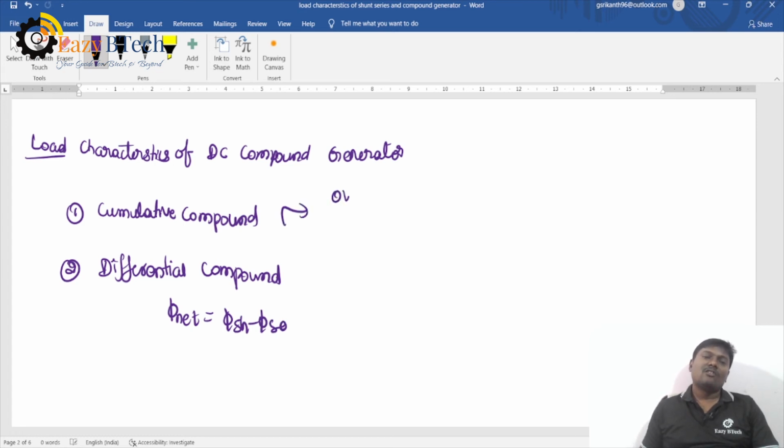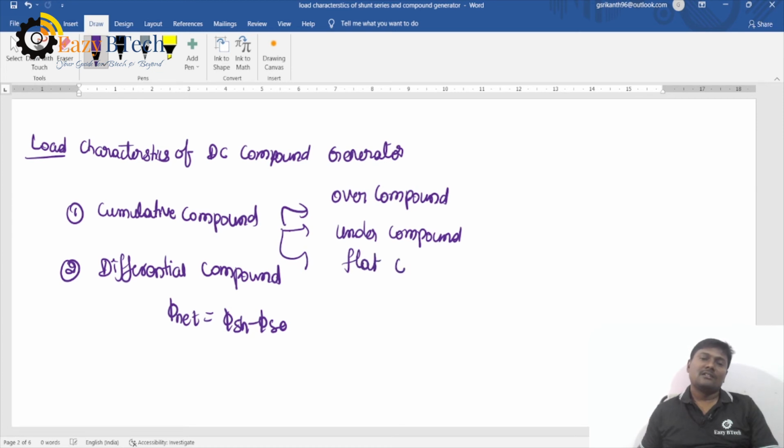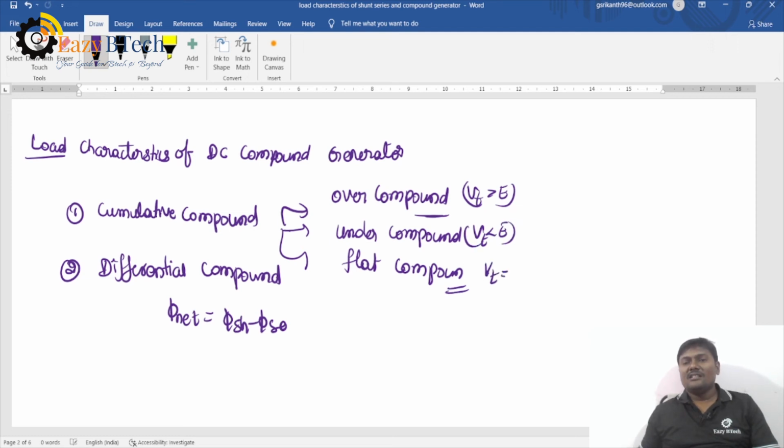In the cumulative compound, we have three types: over compound, under compound, and flat compound. In over compound, the terminal voltage is greater than E. In under compound, Vt is less than E. And in flat compound, Vt is equal to E. Based on the compounding level, the net flux is phi sh plus phi sc.